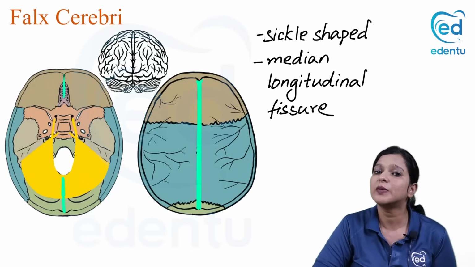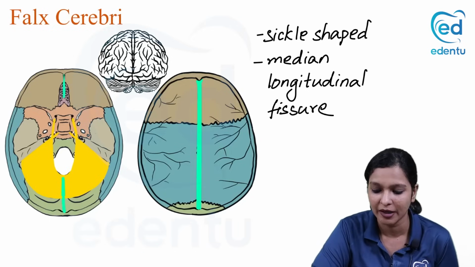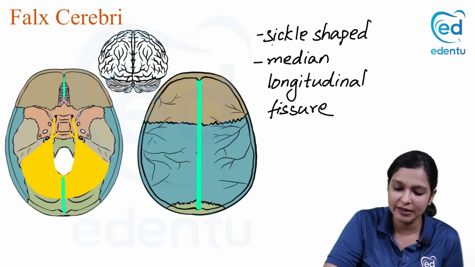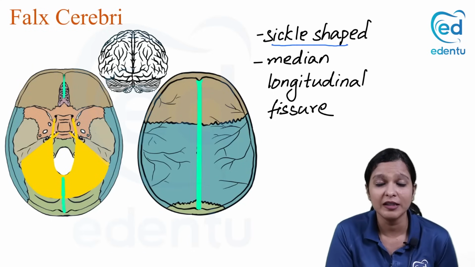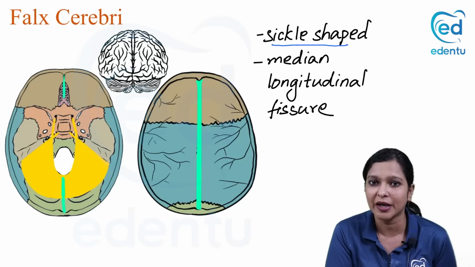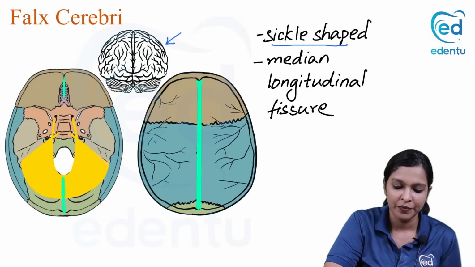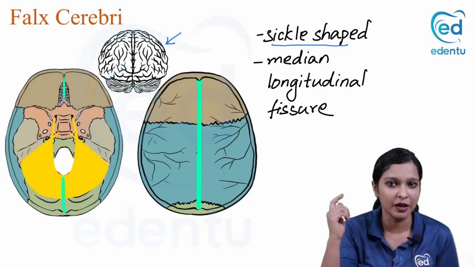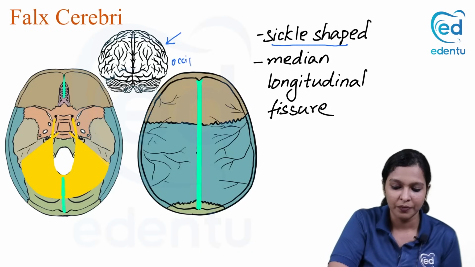First we'll see about the first fold, that is the falx cerebri. Now, I already told you that it is sickle shaped. The location of this fold is between the two cerebral hemispheres. Remember, the falx cerebri is present between the two cerebrum. Now, this image represents the posterior view of the brain. So you're looking at the occipital lobe here.